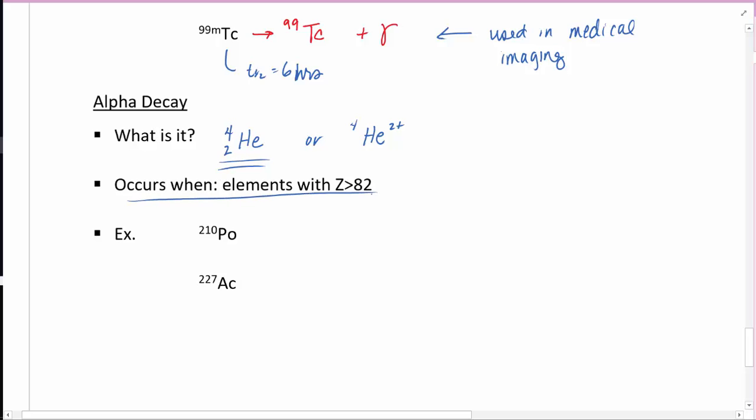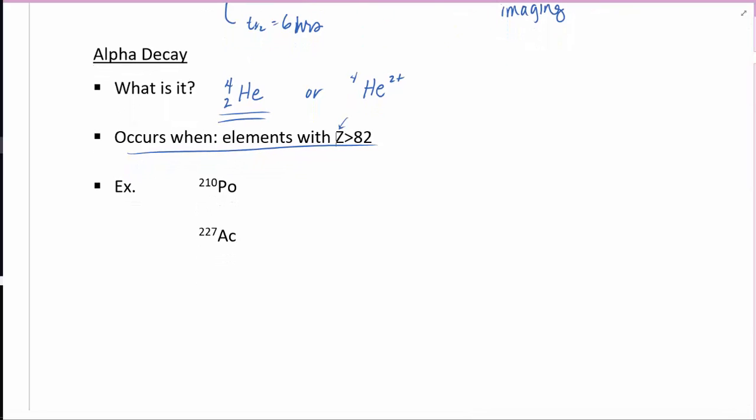This occurs when elements have Z, our atomic number, greater than 82. Way too many protons in the nucleus. So just a couple of examples of this, like polonium-210 could decompose into lead-206 by releasing an alpha particle. It will also release a gamma particle just to get its energy state down.